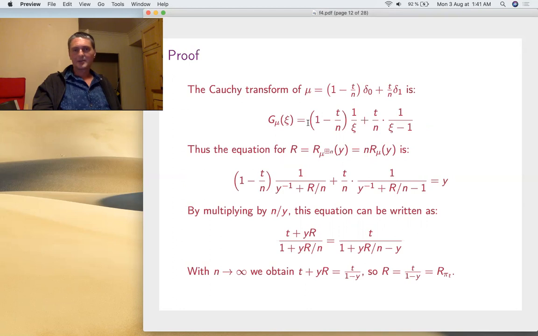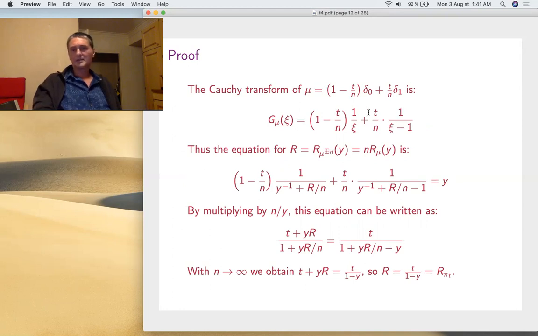So we start with Cauchy, and then the transform of this. You get the R transform by inverting and subtracting the xi minus 1 factor there.